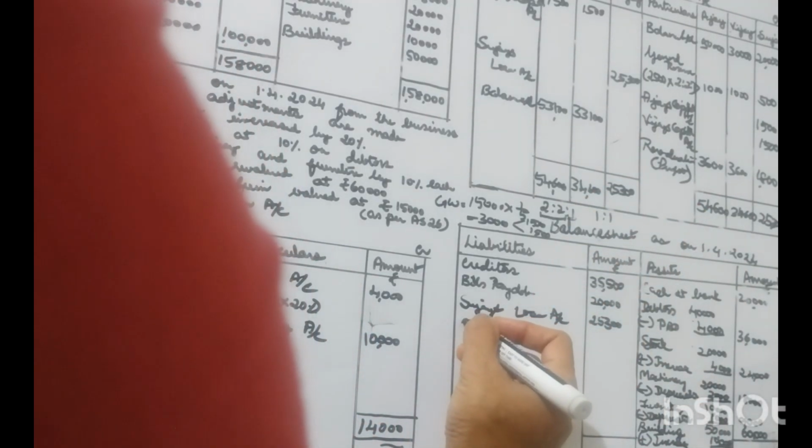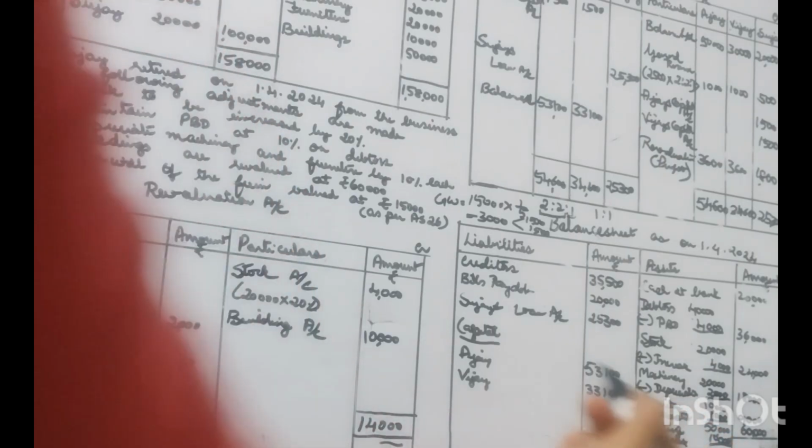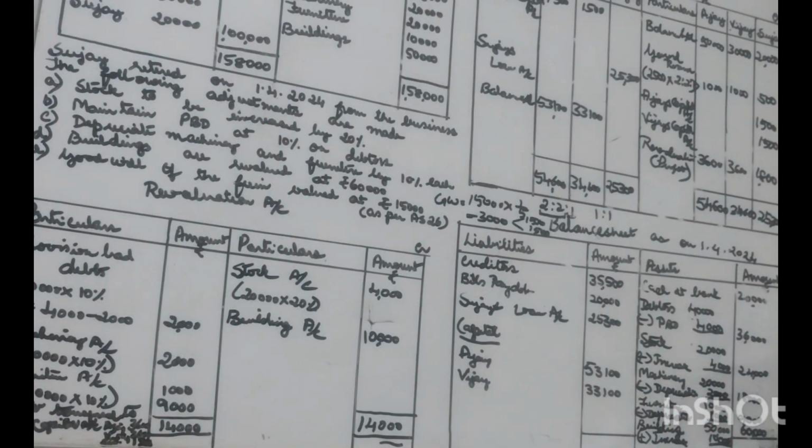The remaining partners, Ajay and Vijay, who will continue in the business, are recorded as capital with 53,100 as well as 33,100. Now this balance sheet has to be totaled, and liabilities must equal assets.